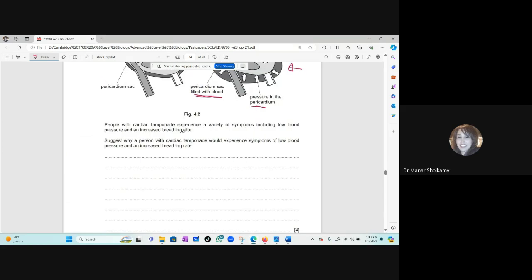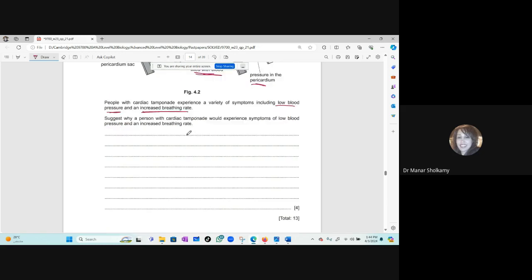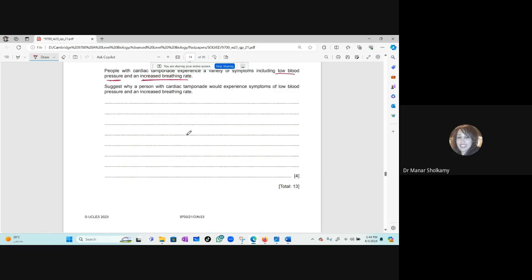Now, what do they want? People with cardiac tamponade experience a variety of symptoms, including low blood pressure and increased breathing rate. Suggest why a person with cardiac tamponade would experience symptoms of low blood pressure and increased breathing rate. Okay, not a nice question. The moment you see the word suggest, know that this is a critical thinking question and out of syllabus.